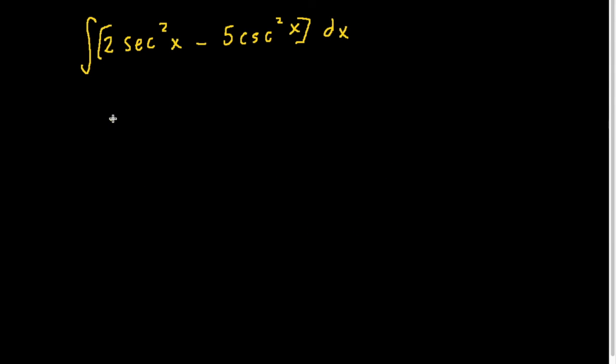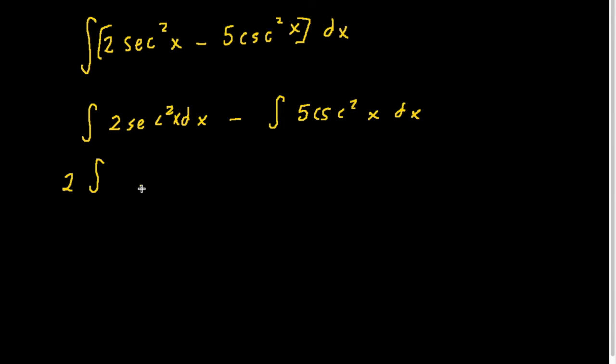These also get more complicated in the exact same way as in the last video we watched, where if you have them separated by addition or subtraction, you can really just rewrite this as separate integrals. So you can write this as 2 secant squared x dx as its own integral minus 5 cosecant squared x dx, and that is its own integral as well. Then the constant, we can always just bring that outside.